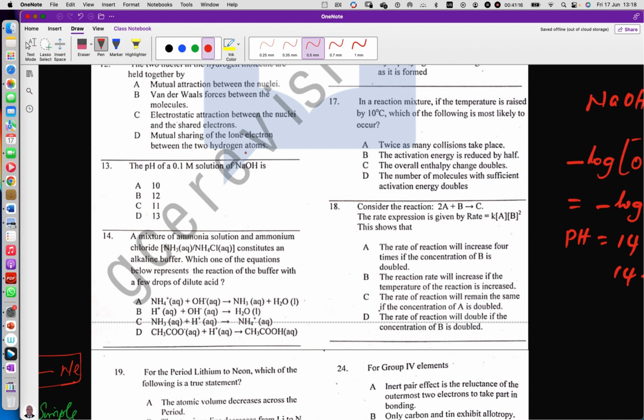So we need to calculate the concentration of the alkali, take the negative logarithm of it, then subtract it from 14.